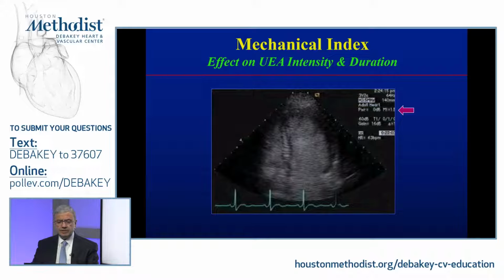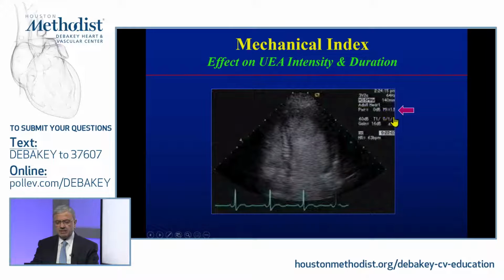Now, the interesting thing also in this case here is I will illustrate the effect of mechanical index displayed right here. You see an MI of 1.5, and then we're going to gradually decrease this MI from 1.5 down to 0.3, and you'll see the difference in contrast within this ventricle. Initially, the contrast is being destroyed, so you're going to see almost like a hurricane here, some darkness in addition to the bright agents that are reflecting the ultrasound.